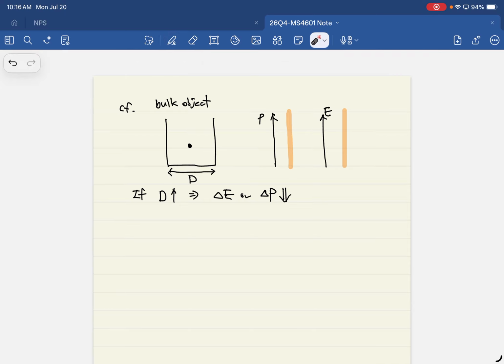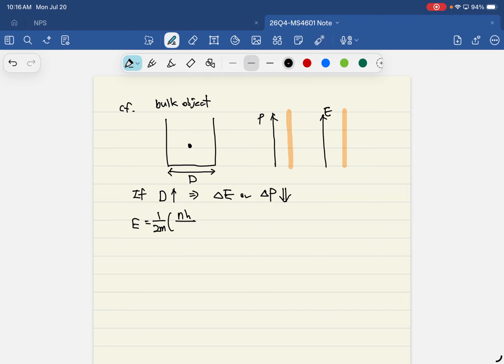And another fact here is, if we look at energy, 1 over 2m (nh over 2d) squared, that is essentially 1 over 2m n squared h squared over 4d squared, right? So for example, delta E is essentially E(n+1) minus E(n), right?